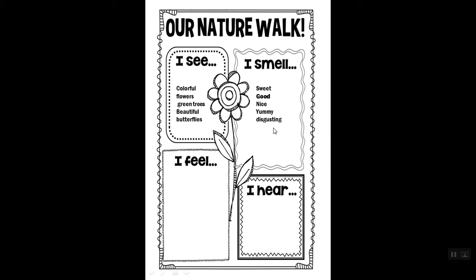We will talk about the strong meanings we get. It makes our writing like a vivid picture when we use our senses. That gives me a picture of what you're talking about. I can imagine the place, how it looks, what I can smell and see and hear there. So your writing would not be something boring that people will read and go, ugh, I don't want to read this.